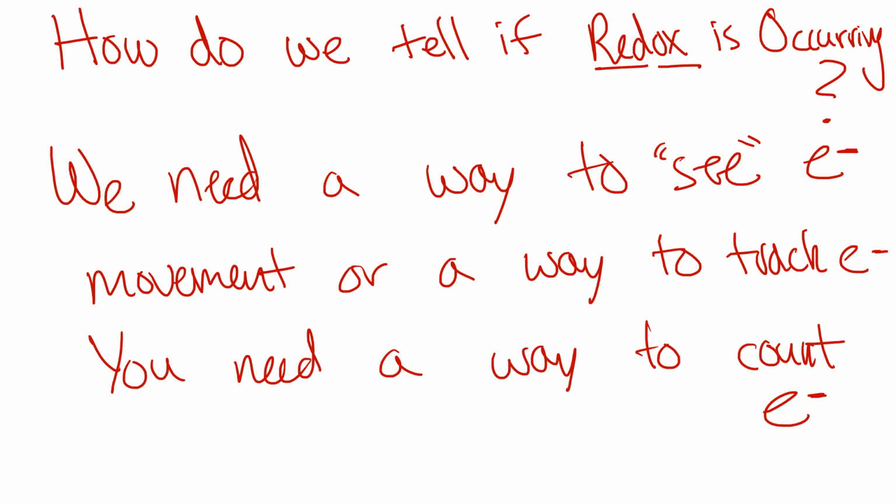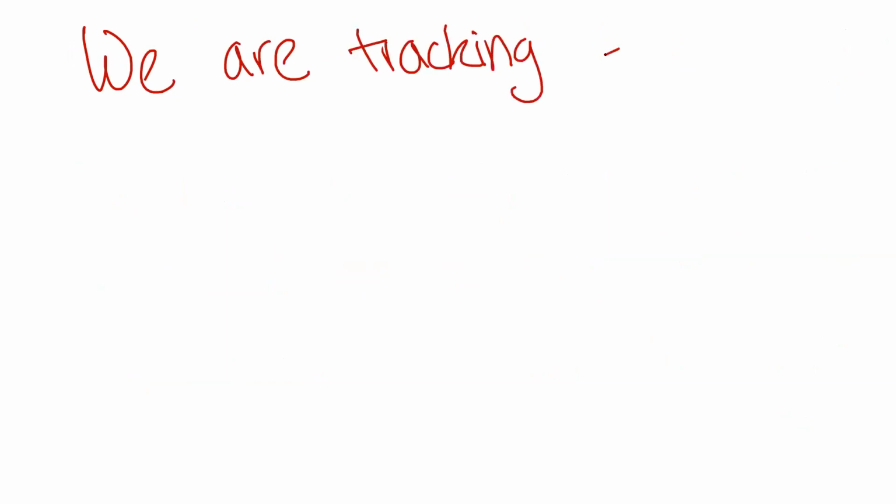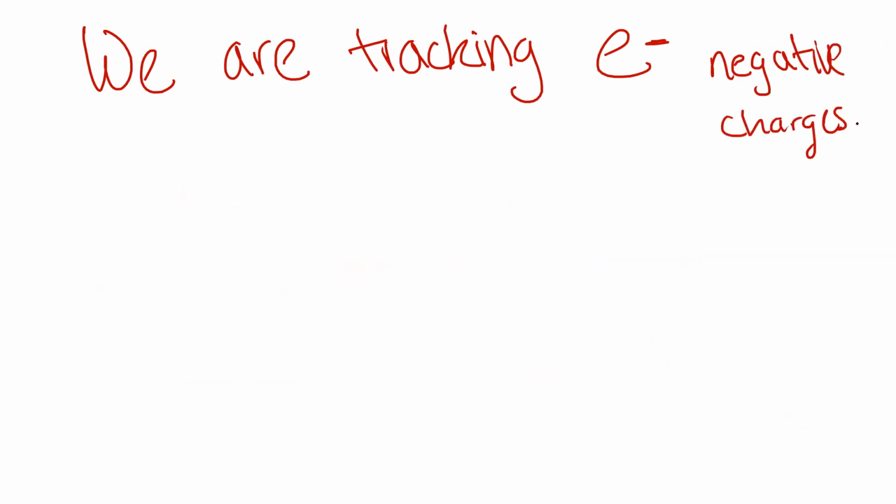So for the analogy, what we're actually going to track are charges, and this works in both ways. We are tracking electrons, which are negative charges. What sort of financial things are negative charges? An overdraft fee is absolutely a negative charge, agreed.